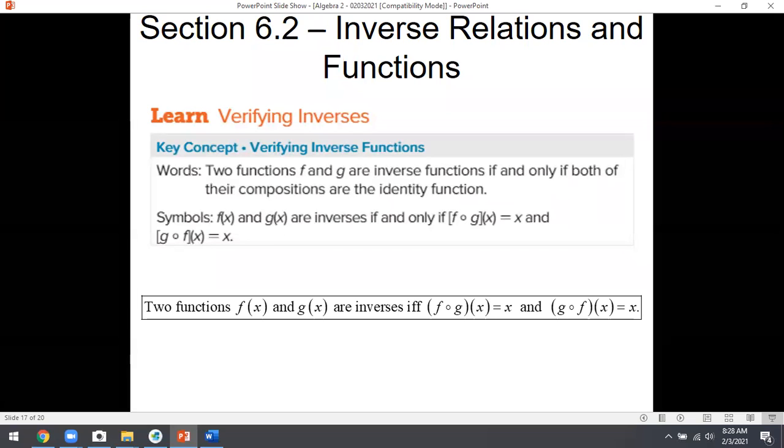Do they undo each other? If somebody gives you a squared function and somebody else gives you a square root function, they are opposites of each other. There should be a way to check if they are. And it goes right back to what we talked about in the beginning of the lesson.